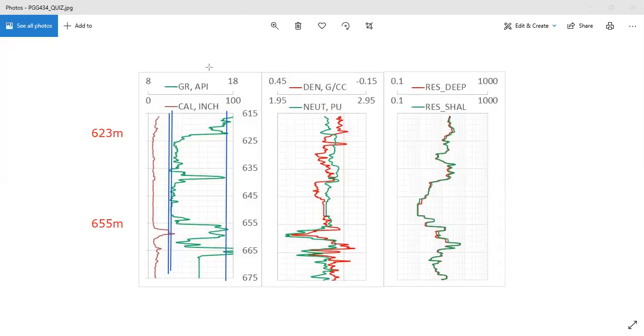Let me draw this line, so that your cutoff is somewhere here. So the lower portions below 667 are all shale, so that there will be little or no dispute over the portion below 667. And everything else to the left is going to be sand. That's the essence of having the cutoff value. And everything else there will be counted as shale.